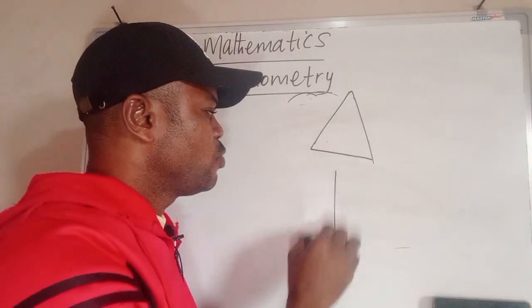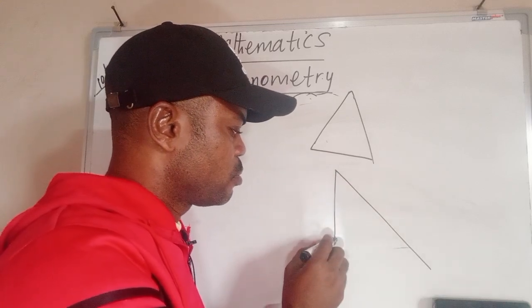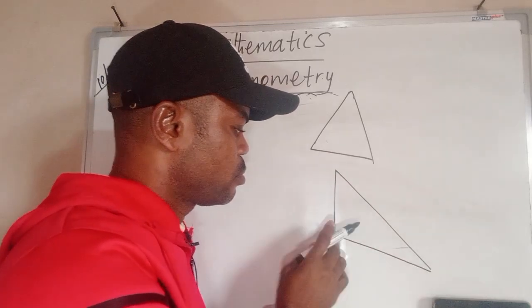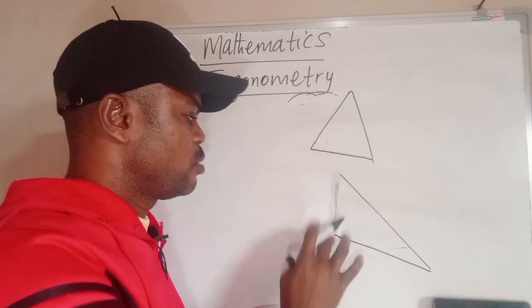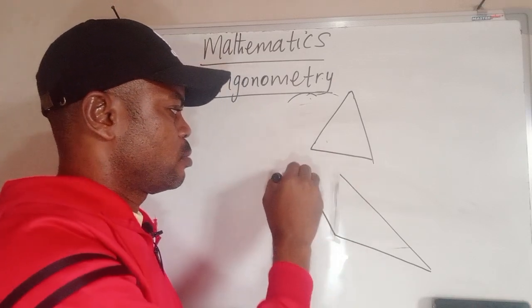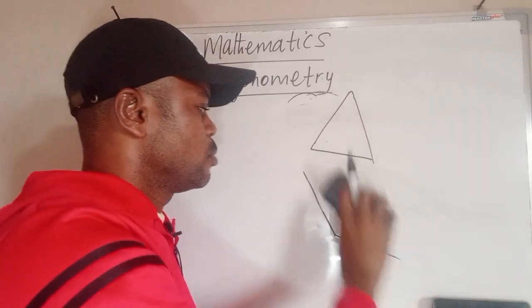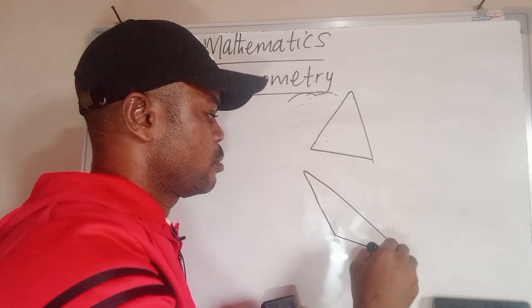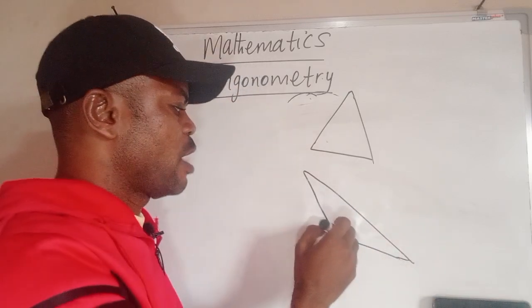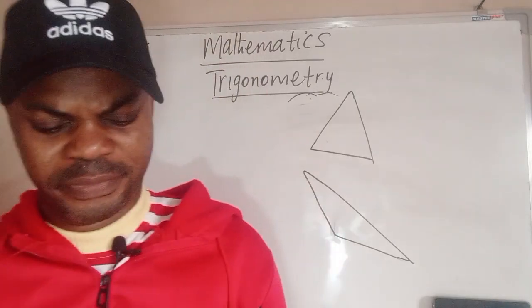Or the triangle you came across was of this nature. Let me bend it like this. Of course, this is not 90. This is more than 90, as in the case of obtuse triangle.